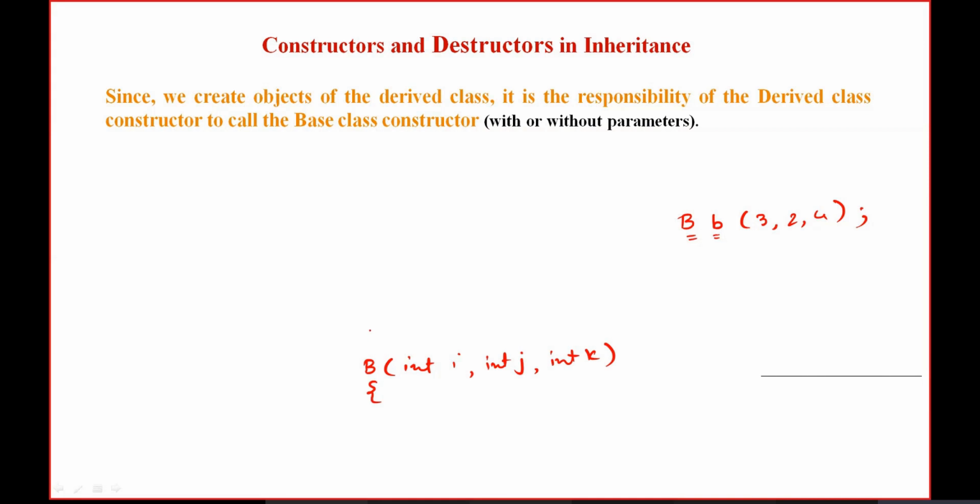Class B has a data member small b, which is getting initialized with this i, or any of the three values. We don't have any fixed sequence.